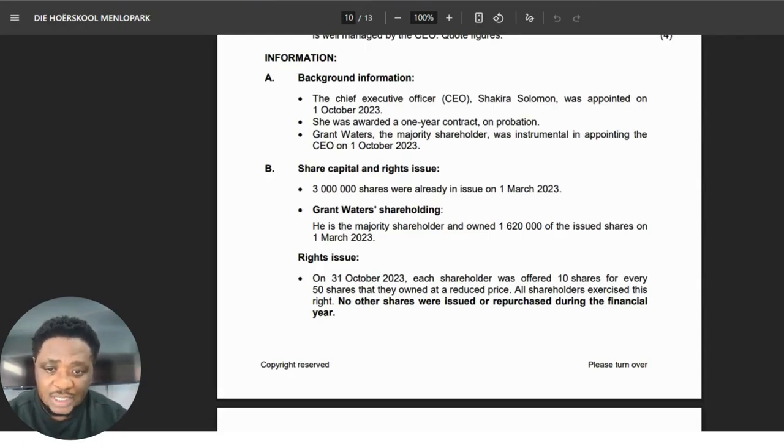So at the time that this rights issue occurs, he had 1,620,000 shares. We need to see how many packages of 50 shares he had, and then multiply by 10 because he gets 10 for every 50 that he owns.